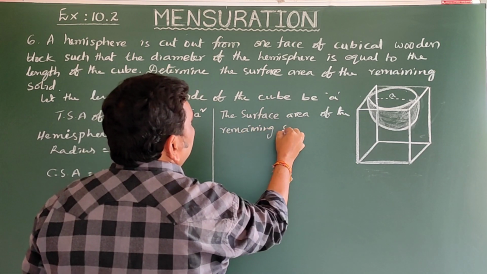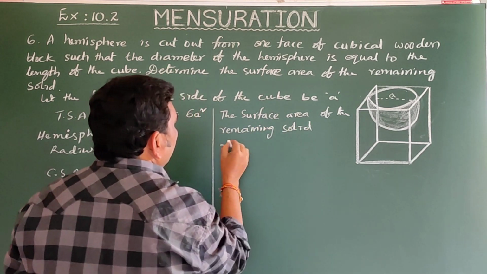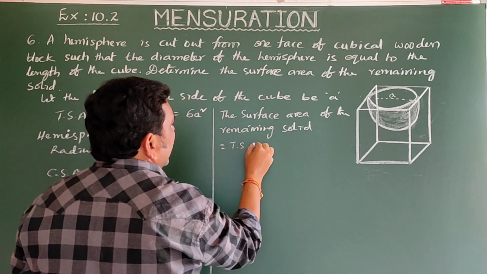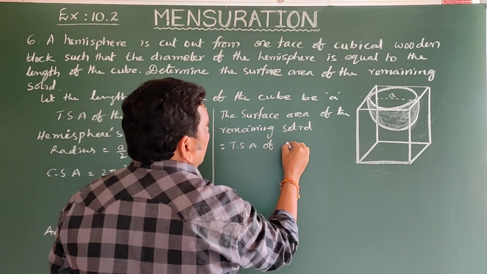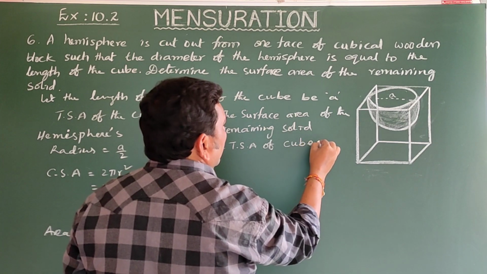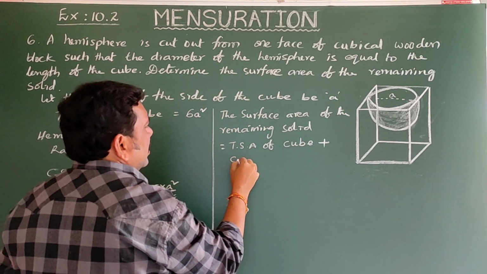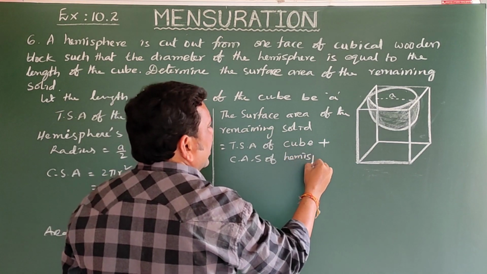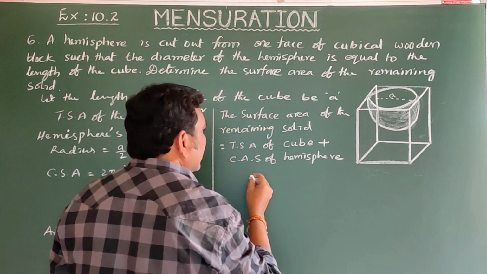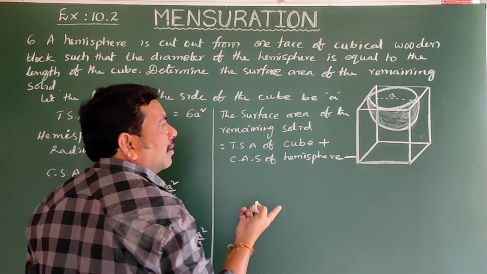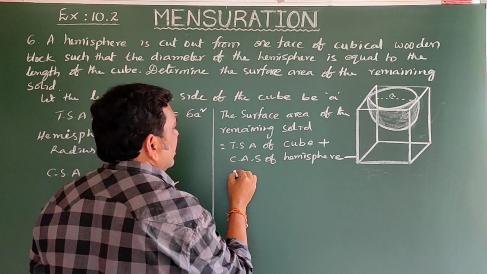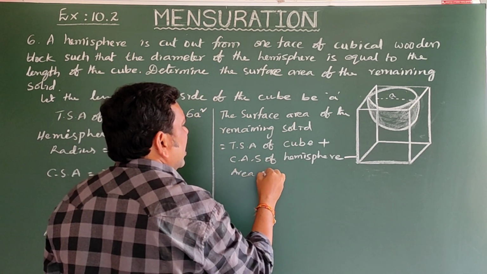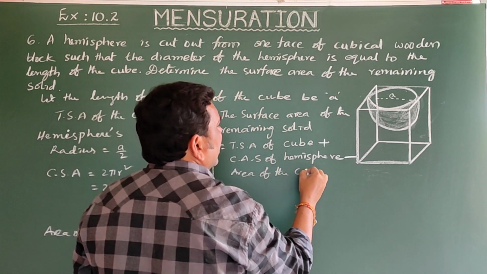remaining solid is equal to TSA of cube plus CSA of hemisphere, minus area of the circle.